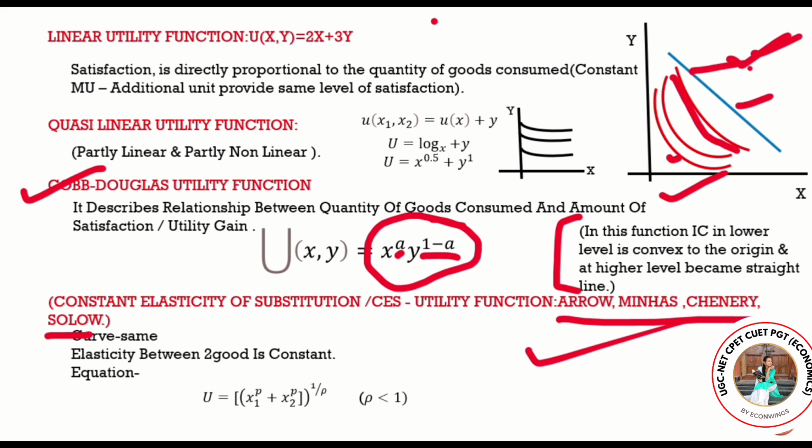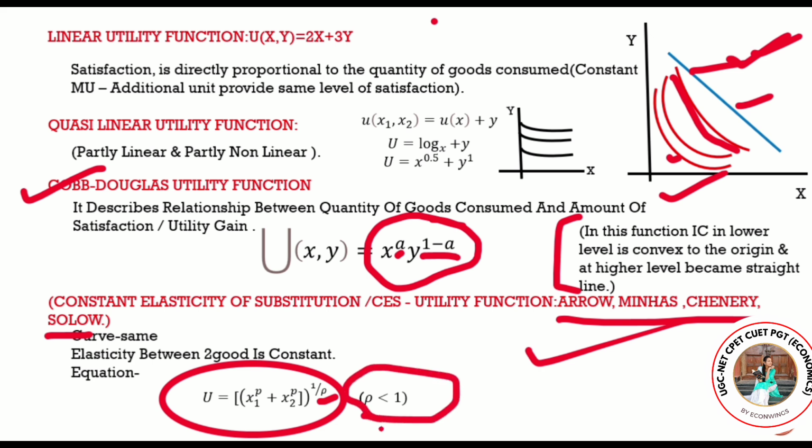And in case of the CES utility function, the elasticity of substitution between two goods is constant, and the equation is u equals (x1 to the power rho plus x2 to the power rho) whole to the power 1 by rho. Here rho is less than 1.